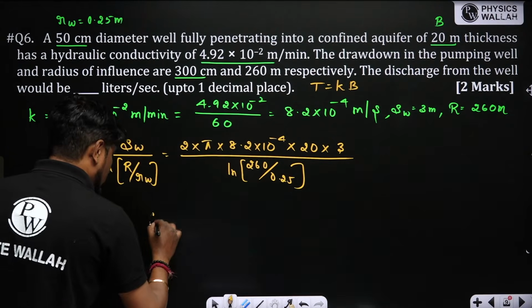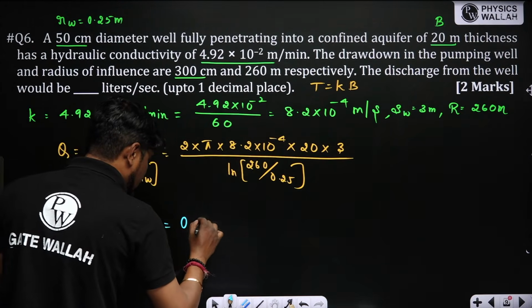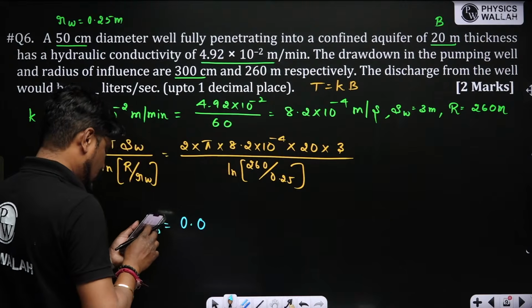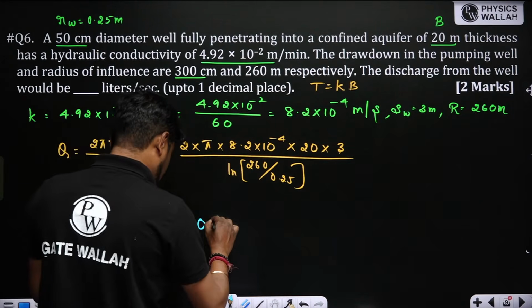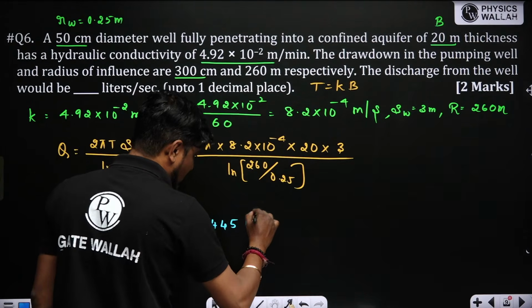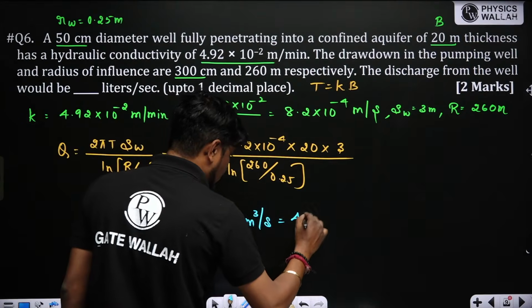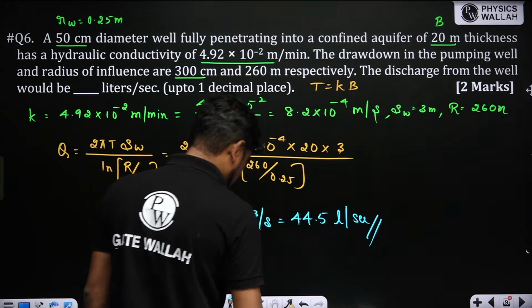Solve this. Q value you will get as 0.0445 meter cube per second, nothing but 44.5 liters per second. Answer.